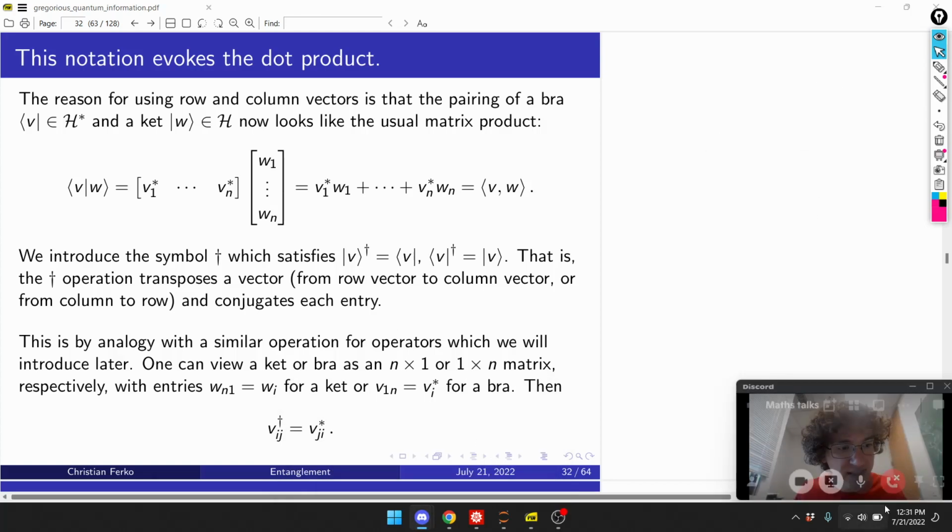We'll see when we get to the next act, I'm already almost one hour in, that there's a similar dagger operation for operators. And this procedure for the vectors looks very similar to that procedure for the operators.